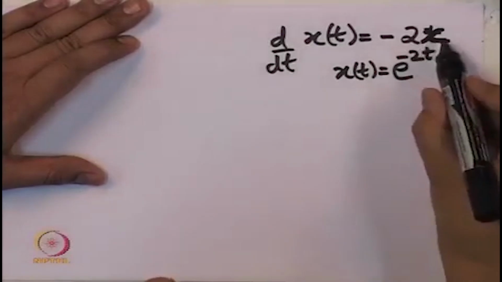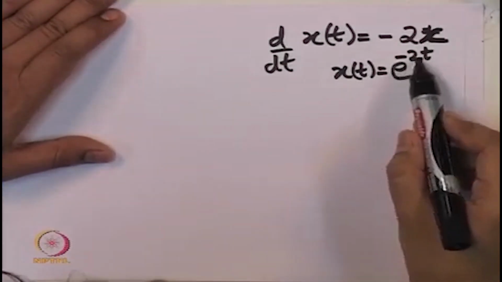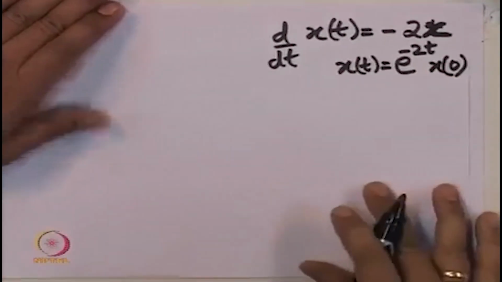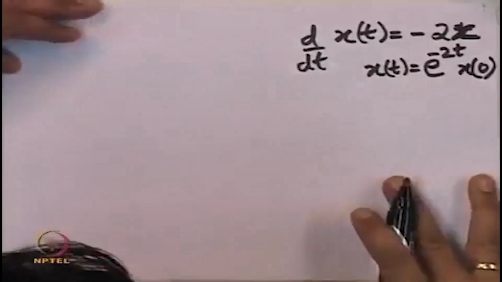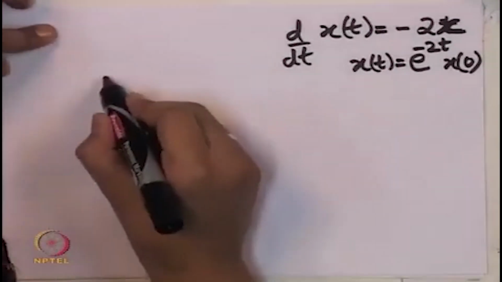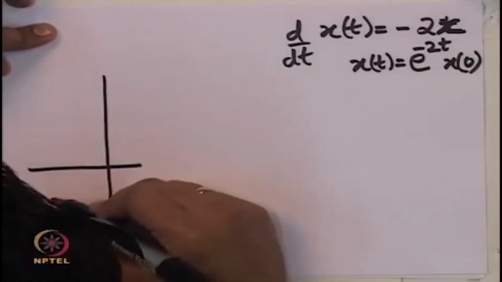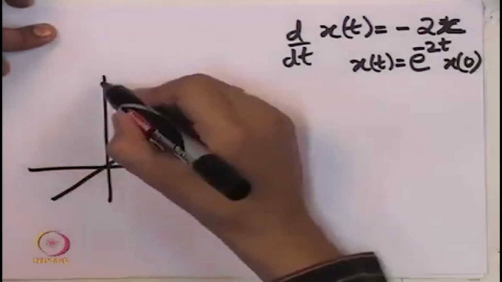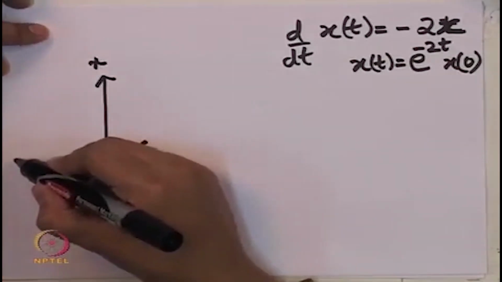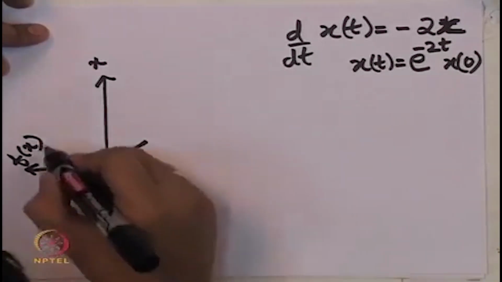For this example, we see x of t is equal to e to the power minus 2t times x of 0, and let us draw that same graph here. This is a line with negative slope, with slope equal to minus 2, graph of f of x versus x. In this case, f of x is equal to minus 2x.